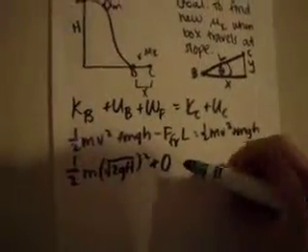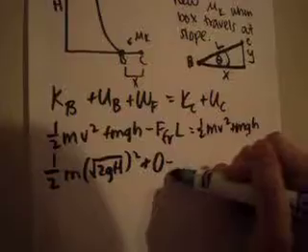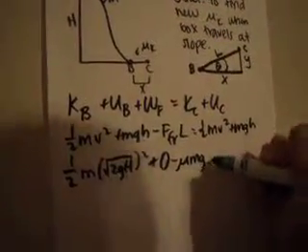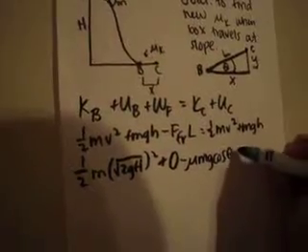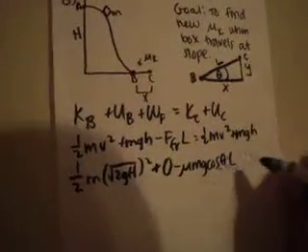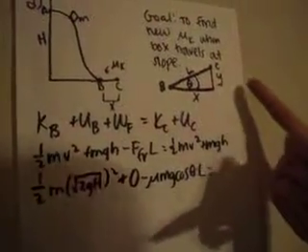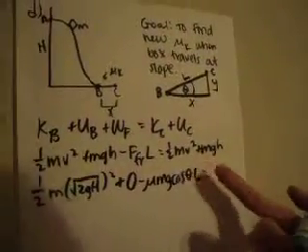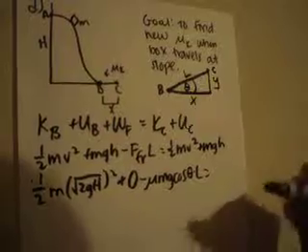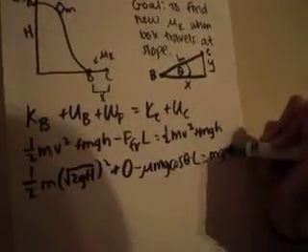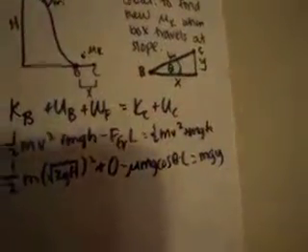And then friction is negative mu mg cosine theta times L. And then at C, there's going to be no kinetic energy because it stopped, and the potential energy is going to be mgy for our distance y.